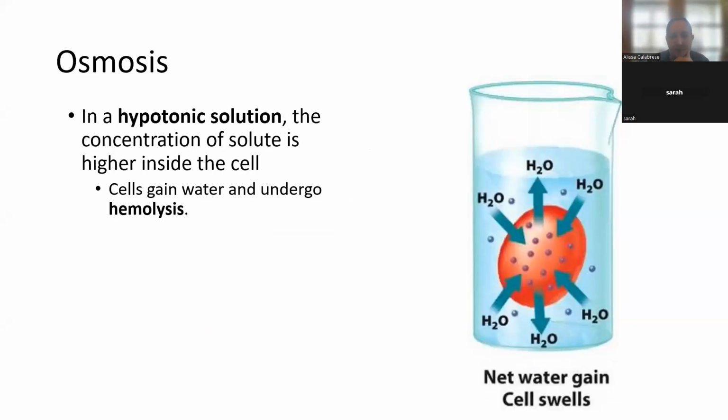This is a hypotonic solution. So hypo meaning less. So what's happening here is the solution that the cell is in has less salt than the inside of the cell. Right, and that's kind of bad news for the cell. So what's happening here is since we've got more salt inside and less salt outside, the water wants to chase that salt.